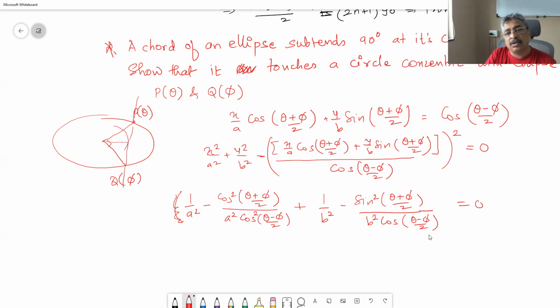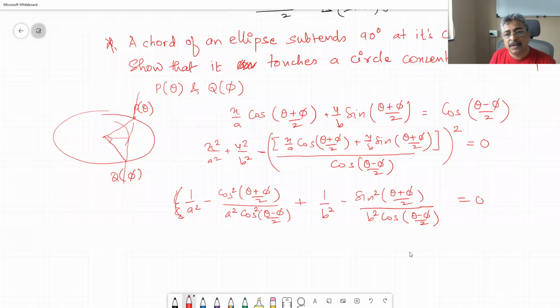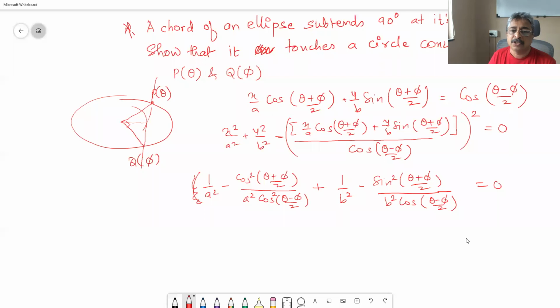Then we can find out how the circle should look, if it is tangent. What is the distance of this line from the origin? We can find that d square is equal to, yeah, better.